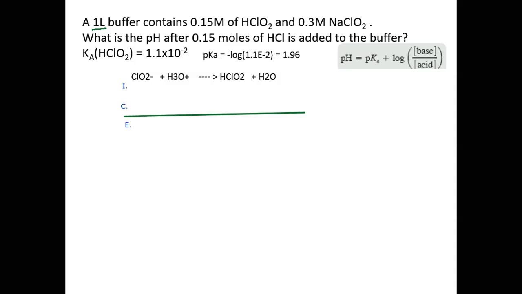So initially, 0.3 moles of the weak base. We're going to add 0.15 moles of strong acid, and we have 0.15 moles of weak acid. So the change, all the strong acid is going to react with the weak base and be added to the weak acid.